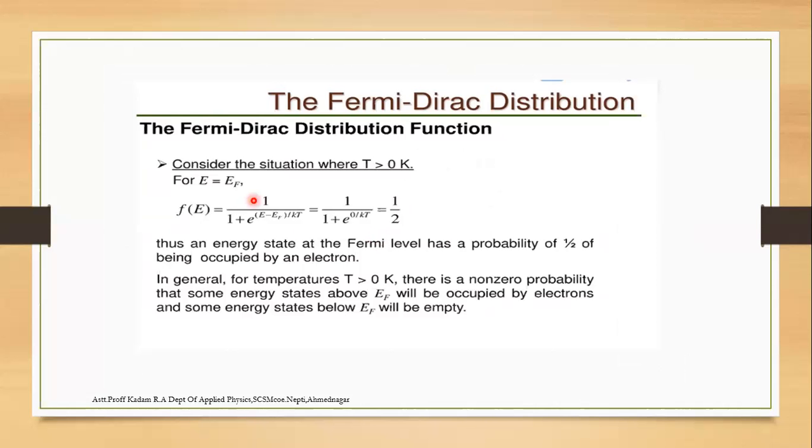So the Fermi function is one half, and at a temperature higher than 0 Kelvin, the Fermi energy level lies halfway between the conduction band and the valence band.